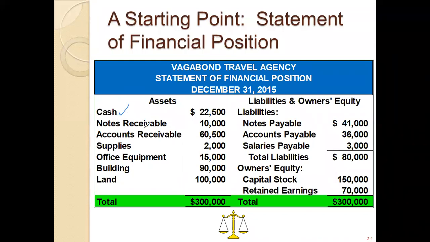If we're talking about notes receivable, it is the amount of a note receivable. What is the difference between a note and an account receivable? It is a simple difference.